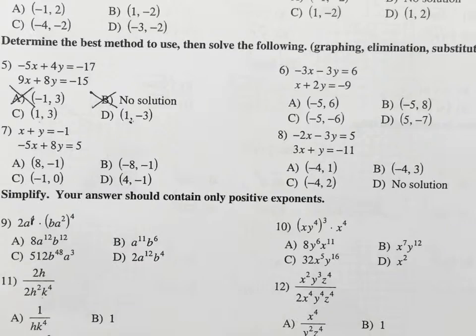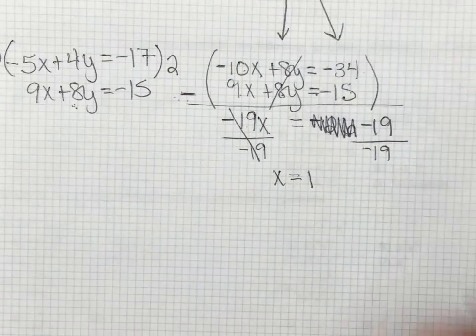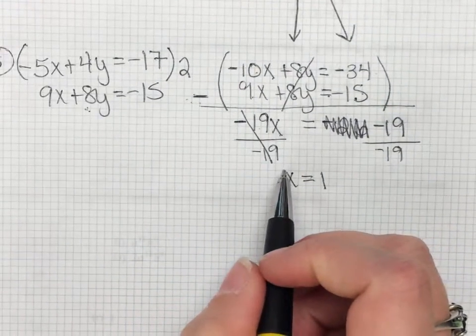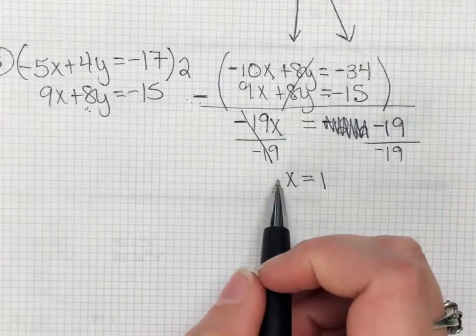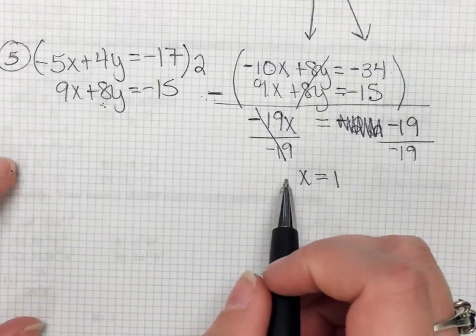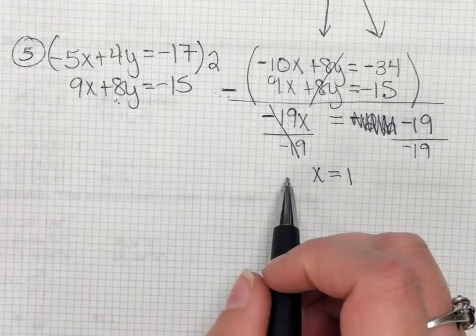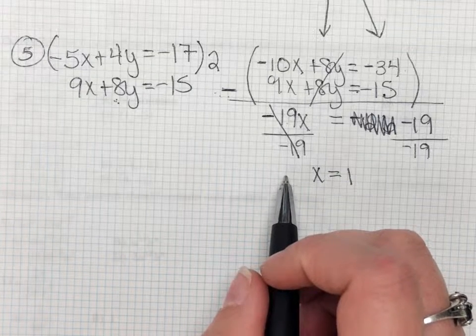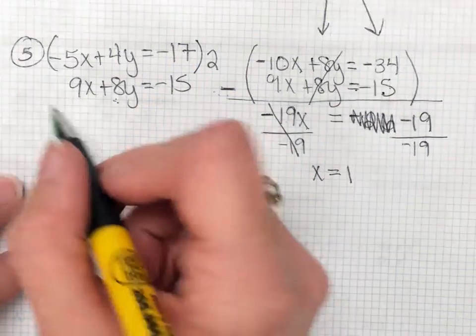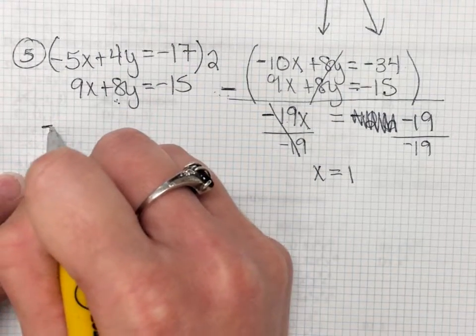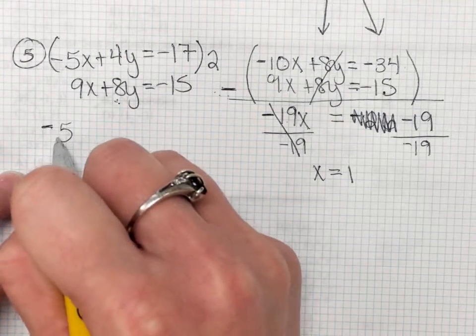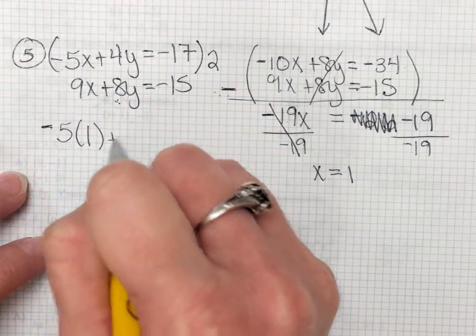All right. So what can I do with x equals 1 to find y? I can plug it back in, right? Which one do you want to plug it into? Roberto. Top 1. So I'm not going to put the x. I'm going to put what number? 1.